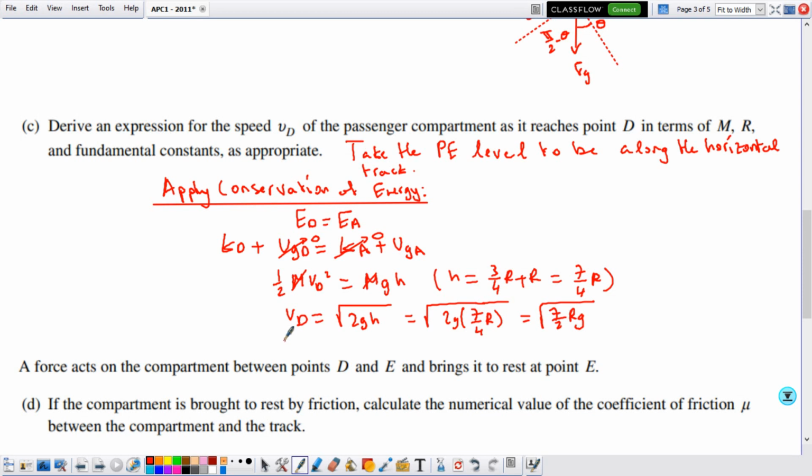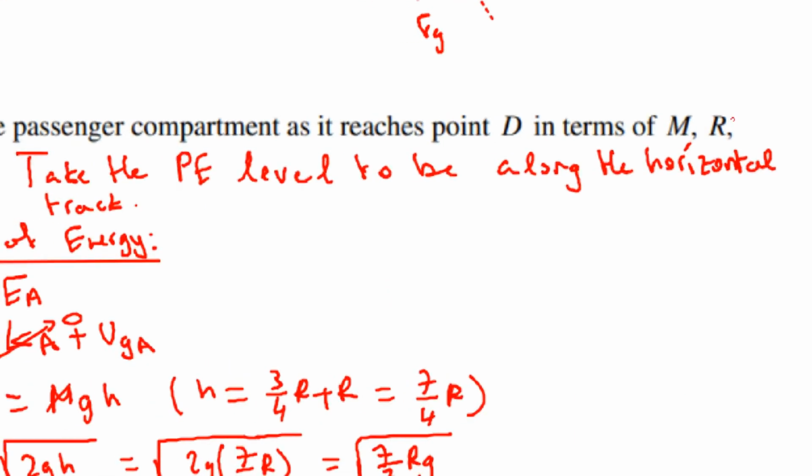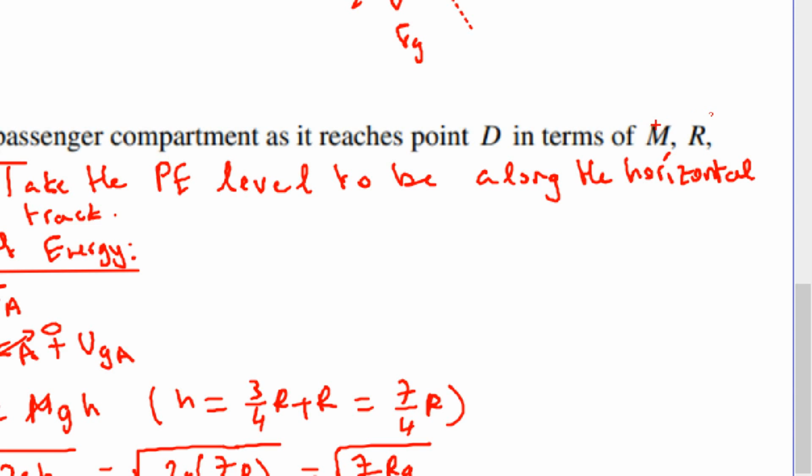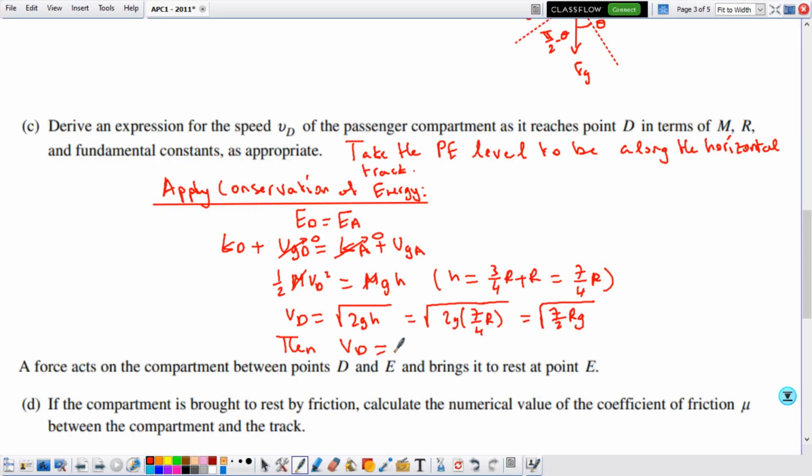Then we can summarize our result by writing the speed expressed in terms of at least M, R and fundamental constants as appropriate. Notice that here m doesn't enter in the expression, that's fine. Okay, then that would be our result.